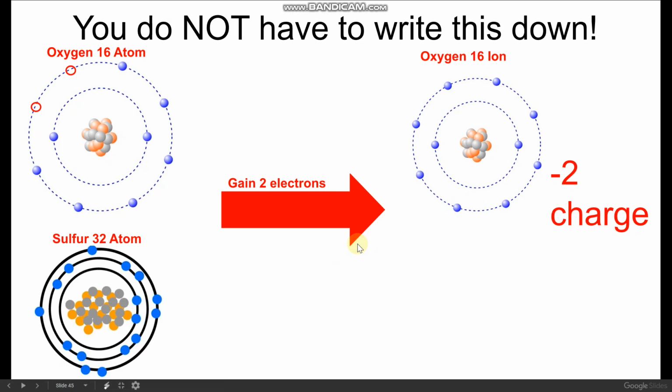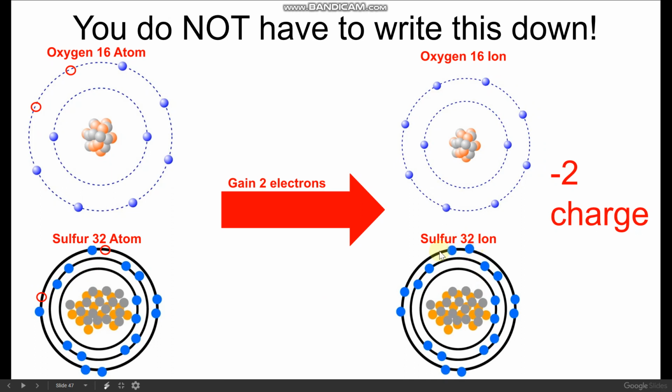Okay, so then we'll take a look at sulfur. Same thing here. If we look at the valence, it has 1, 2, 3, 4, 5, 6 electrons. It's going to gain 2 electrons, 1, 2. Because it gained 2 electrons, when we redraw the atom as an ion, this ion has a -2 charge because it has 2 more electrons than protons.